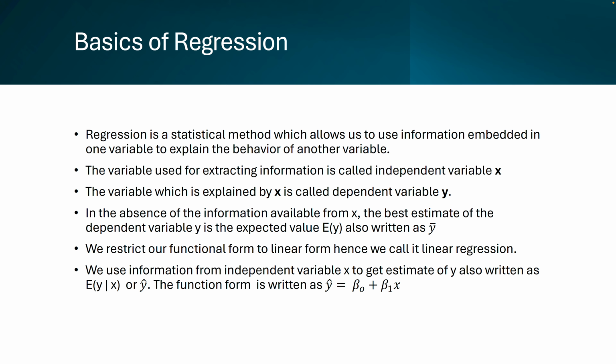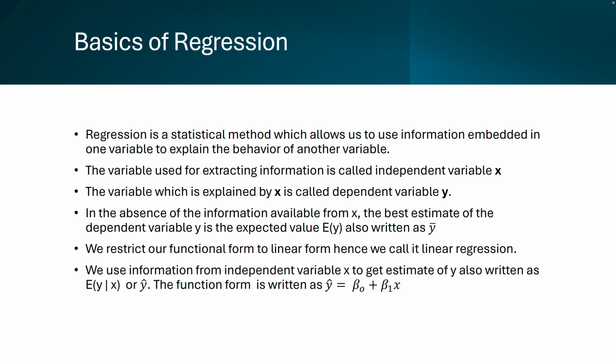If we assume that there is no intelligence available in the absence of any information from x, the best estimate of the dependent variable y is the expected value E of y. It can also be written as y bar.